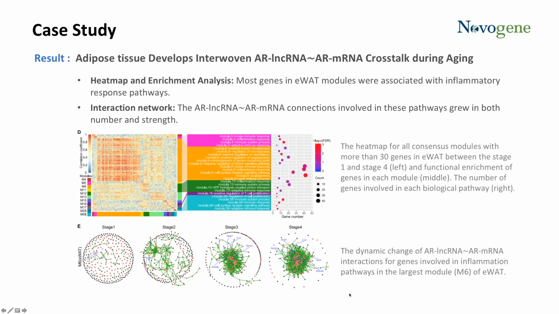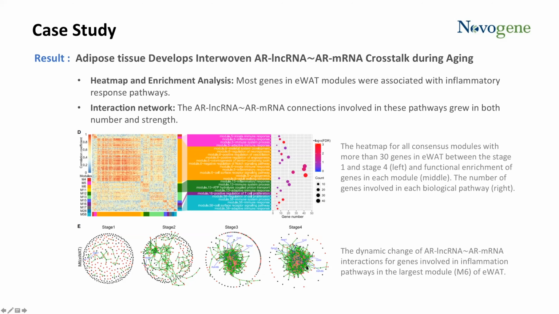The last slide here shows the co-expression data, where we're looking at the interaction between long non-coding RNA and mRNA sequences. As you can see, this is the heat map, which you don't have, which is pretty dense. But if you look at figure E, you can see that the connections between the long non-coding RNA and mRNA increased at a later time point in the age.